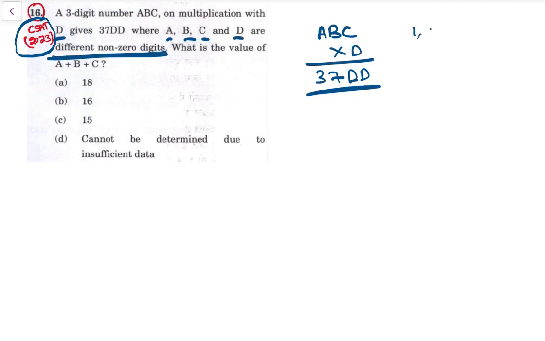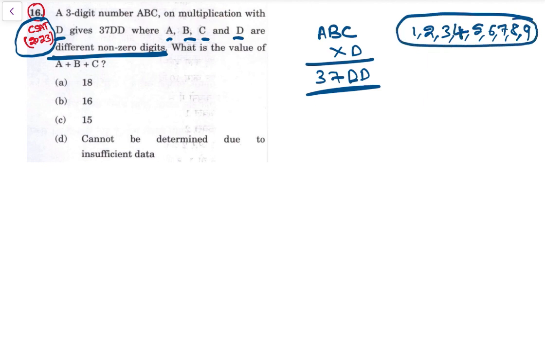Non-zero digits are 1, 2, 3, 4, 5, 6, 7, 8, 9. So A, B, C, D can be anything among these. Then what is the value of A plus B plus C? That is what they are asking.